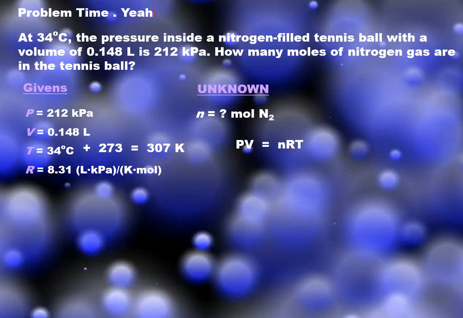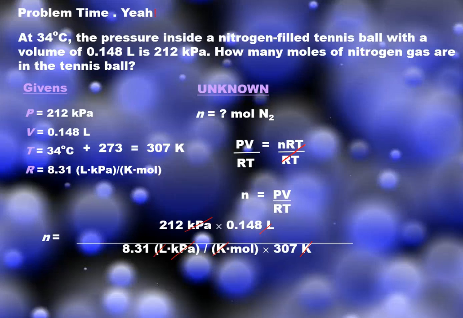Now what we can do is solve this equation for n, the number of moles. And how do we do that? We can divide both sides by RT, and that gives us the number of moles is equal to the pressure times the volume divided by the constant times the temperature. Plug in our numbers and divide out the units.